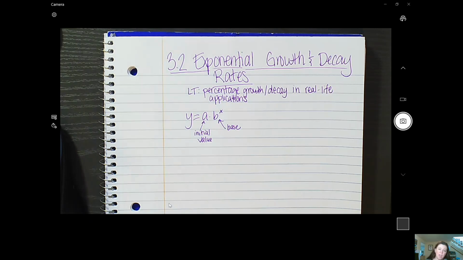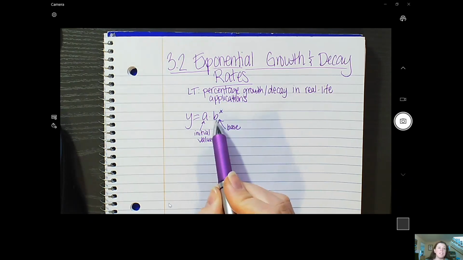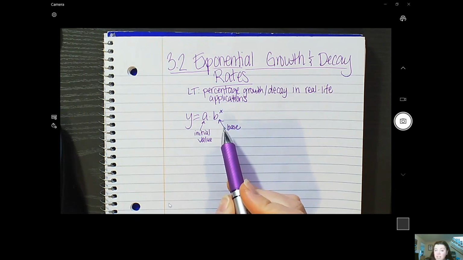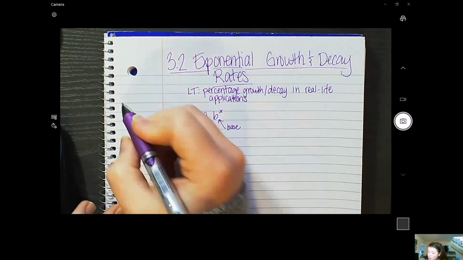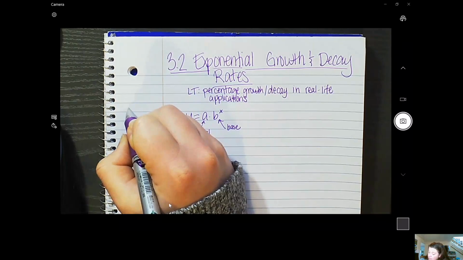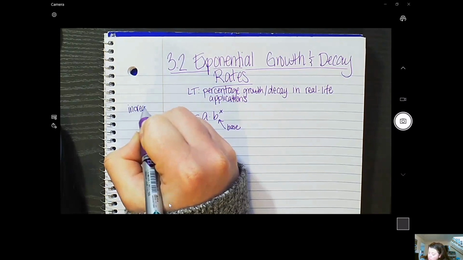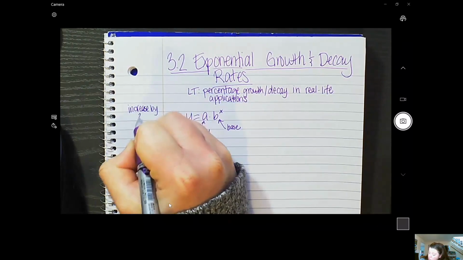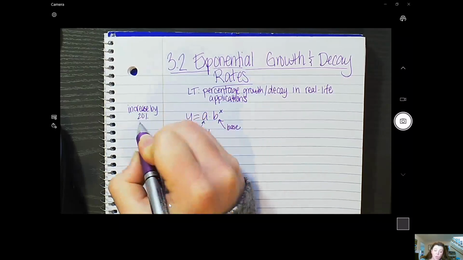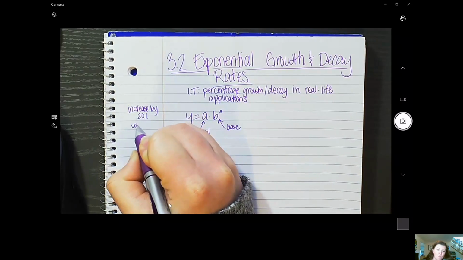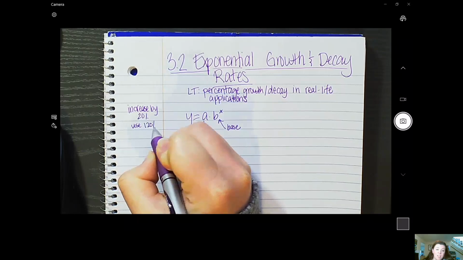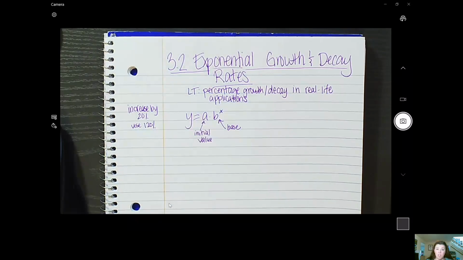So we need to make sure that we can write our base. Sometimes they don't just give you the base, they give you how different it is from 100%. So sidebar, if I were to say increase by 20%, then the number you're going to use is 120%, because normal is 100%.